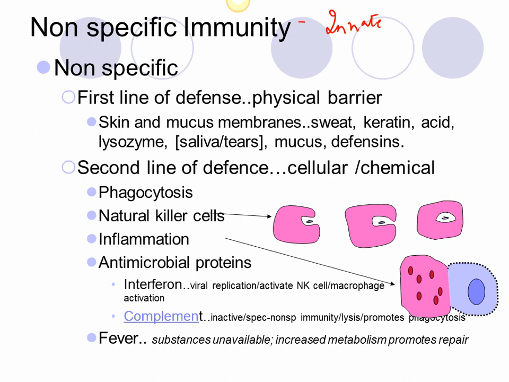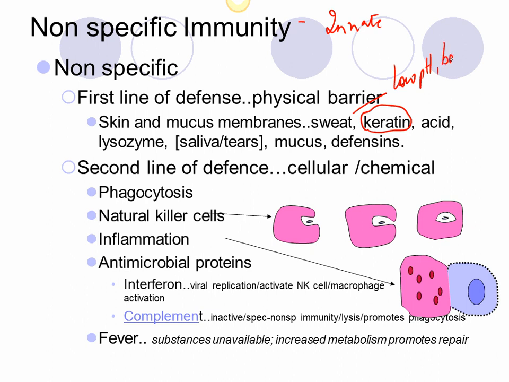The first thing is, the skin, the epithelium itself, is very thick. It is stratified squamous, keratinized epithelium. So remember, the keratin present here is an important barrier to preventing anything from entering. Then the skin also produces sweat, which has a low pH, so it's acidic in nature.